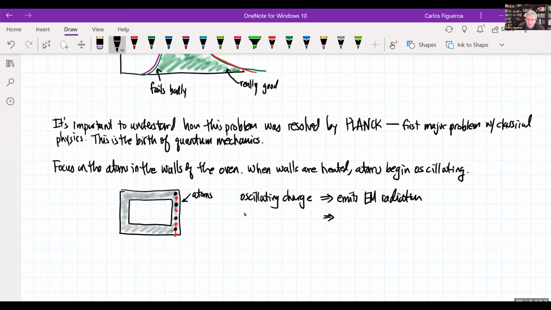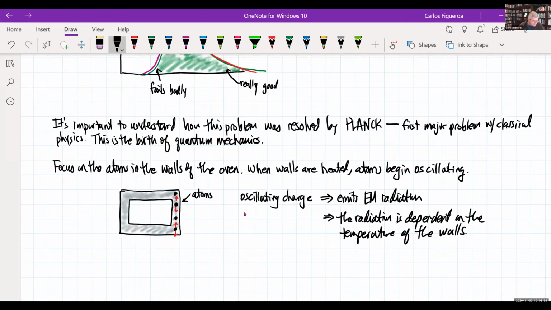But now you've got to think about the heating. If I heat things to low temperatures, those atoms have low energy. But if I heat them to high temperatures, they have higher energies. And so what we're saying here is that the radiation is dependent on the temperature of the walls.